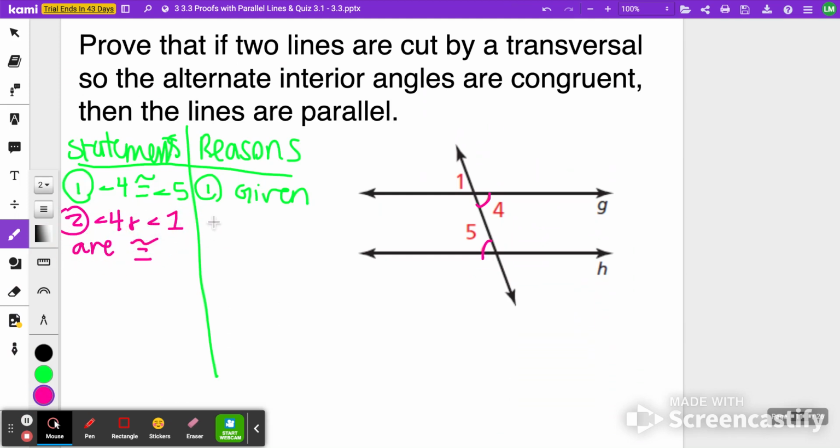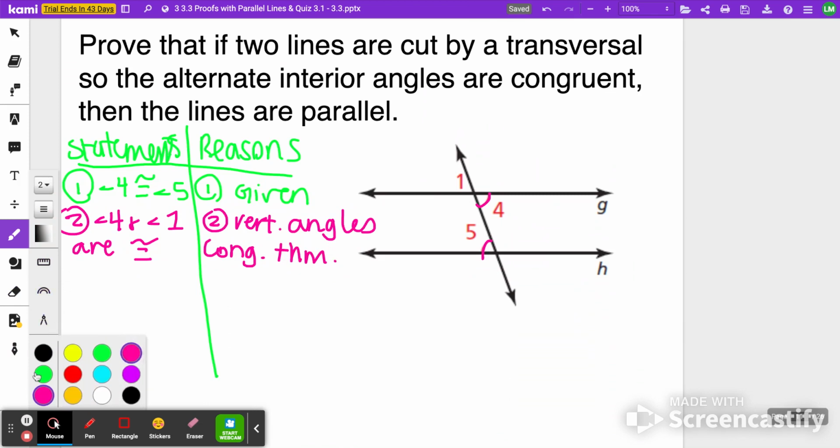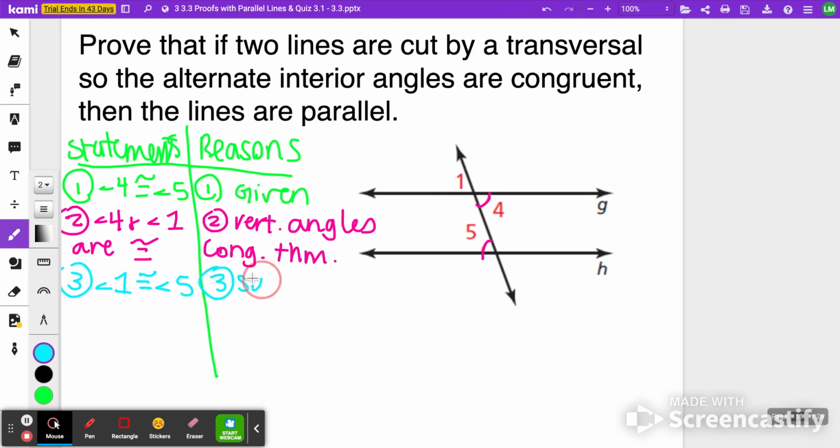And I can use the vertical angles congruence theorem for that one. If that's the case, then I can also conclude that angle 1 is congruent to angle 5 using either substitution or the transitive property of congruence.